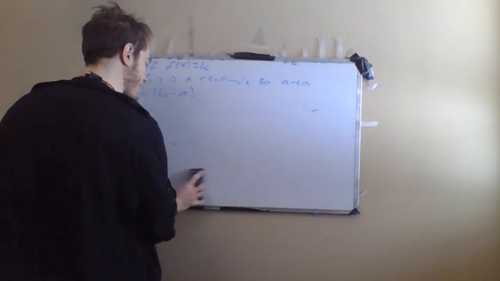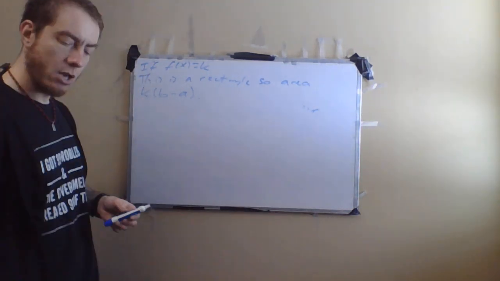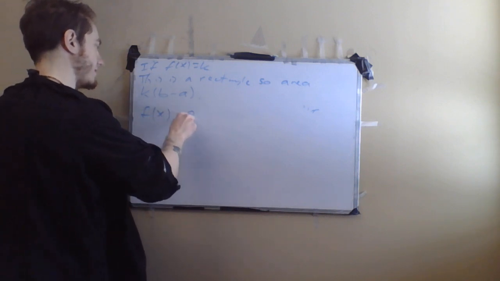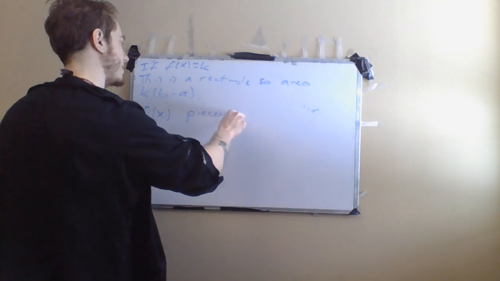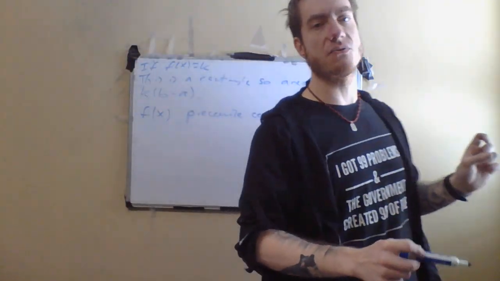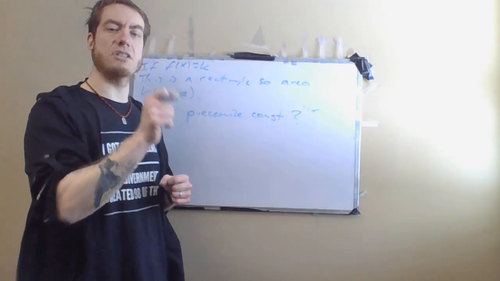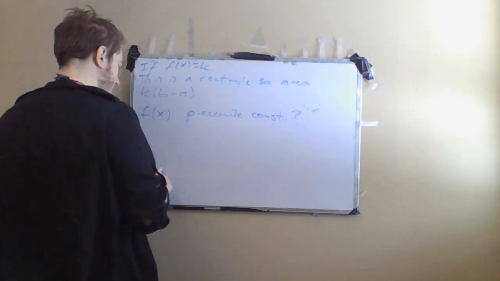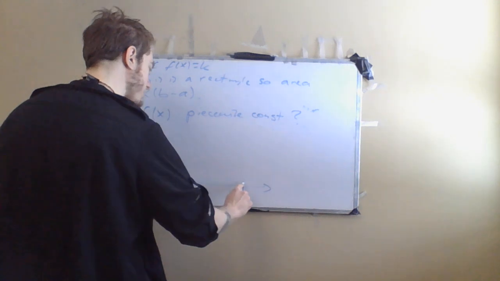Now, the next case that we could think about is, what if f of x is piecewise constant? So what do I mean by piecewise constant here? I mean, what if this is a piecewise defined function and on each interval where it has a different definition, it's just equal to a different constant. So essentially what we're saying in this case is we split up the x-axis between a and b.